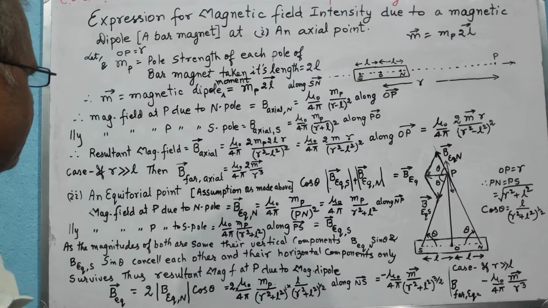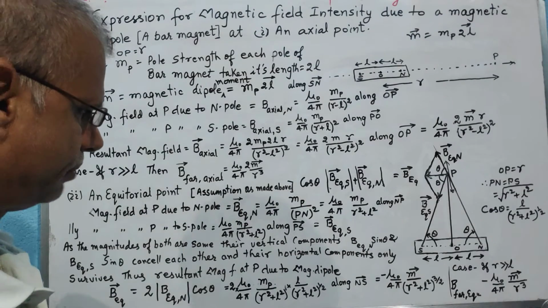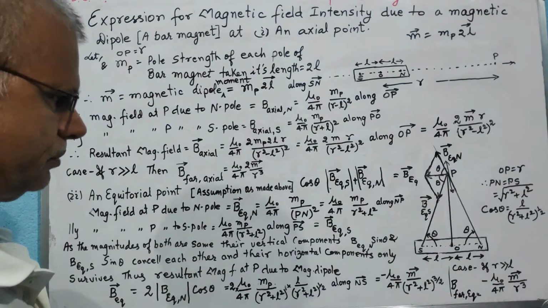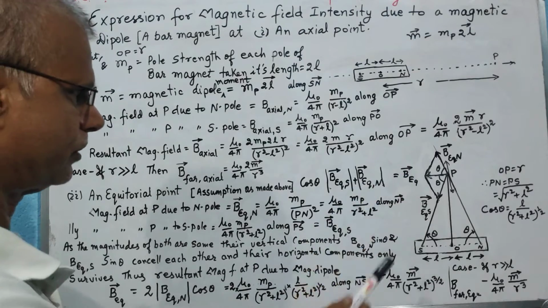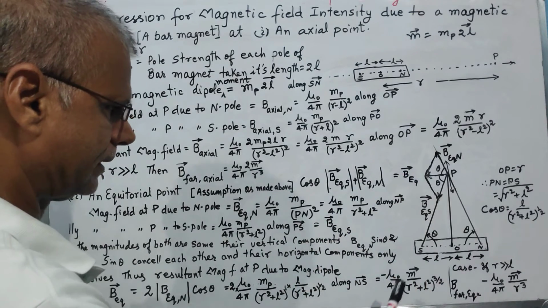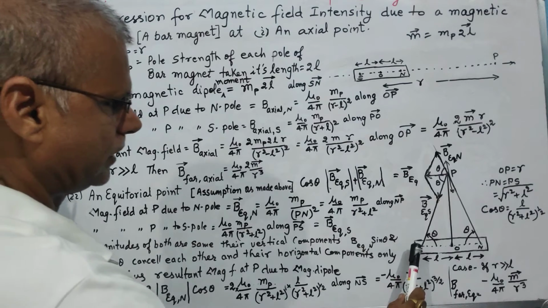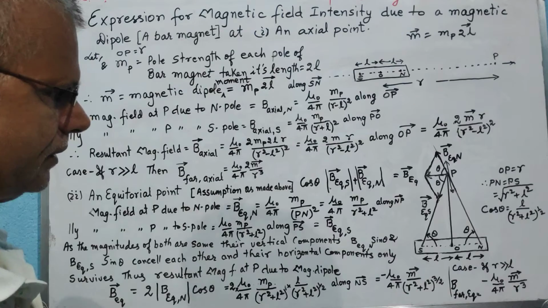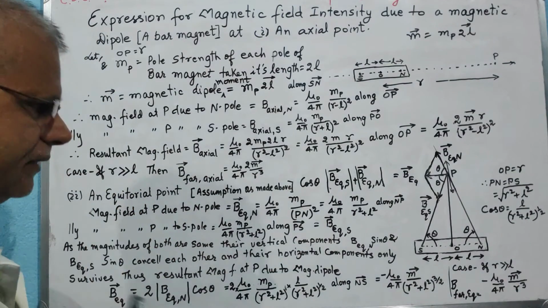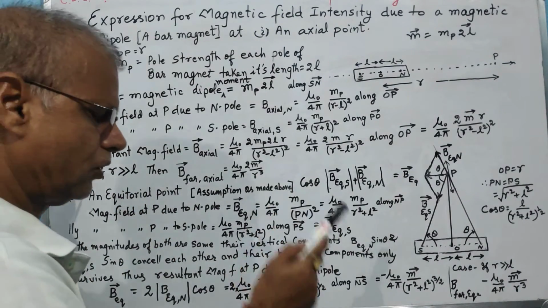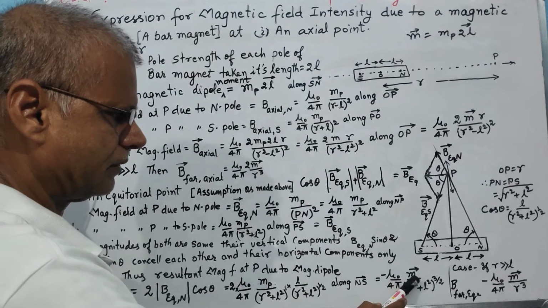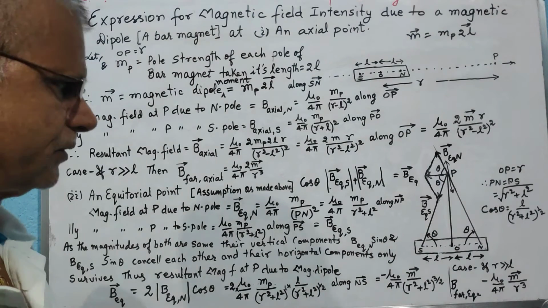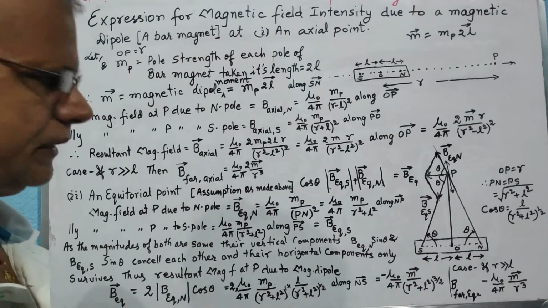The magnetic dipole moment is along the direction S to N, but this magnetic field at the equatorial point is along N to S. Therefore we write a negative sign over here to indicate that the direction of magnetic field at the equatorial point is opposite to the direction of magnetic dipole moment M of the magnetic dipole, which we have selected to find the magnetic field due to it.